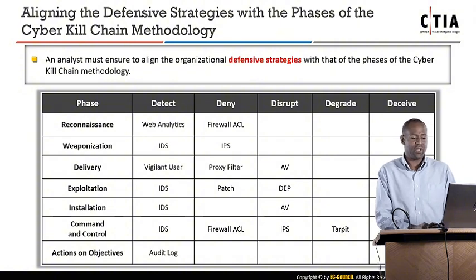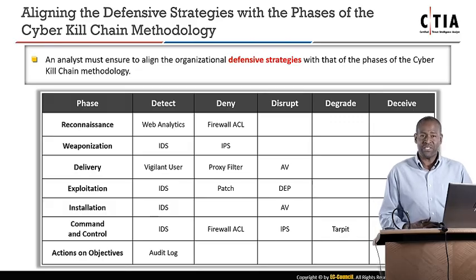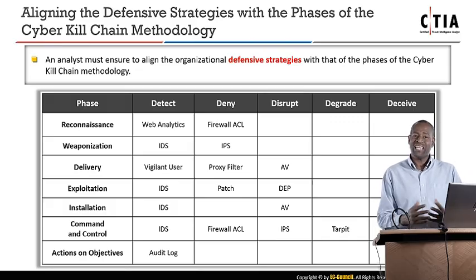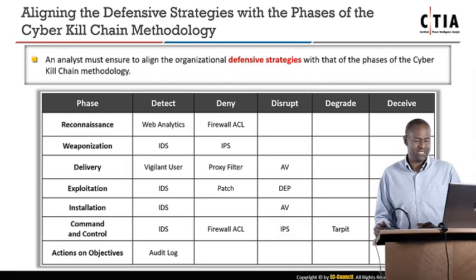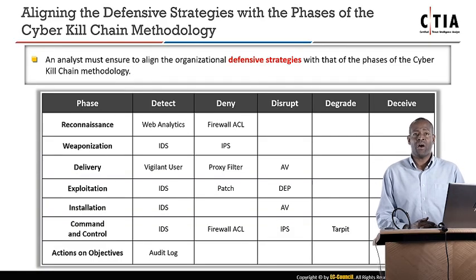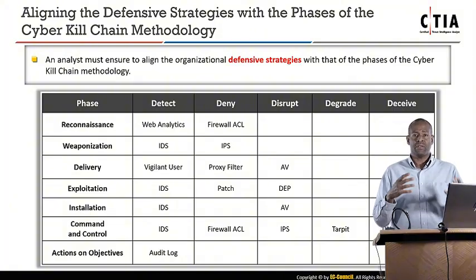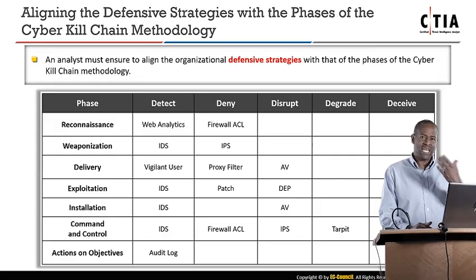So the ACL is going to really help with that. When we get to the weaponization phase, we look at detecting it with the intrusion detection system and denying weaponization with our intrusion prevention system. Very often, both of these are going to be on the same device, on the same application, right? So we're going to detect it and then prevent it at the same time.